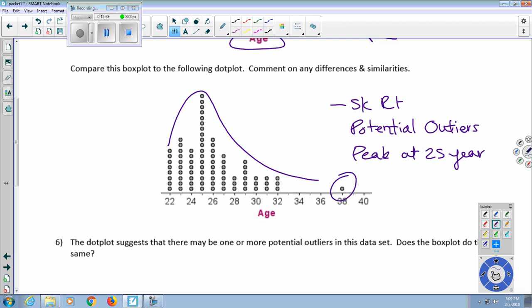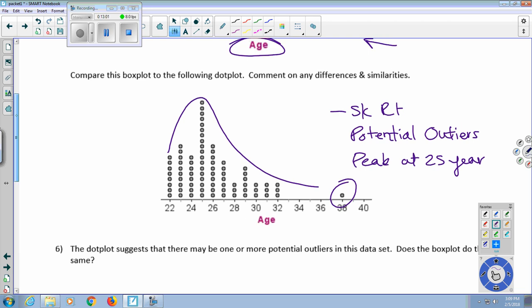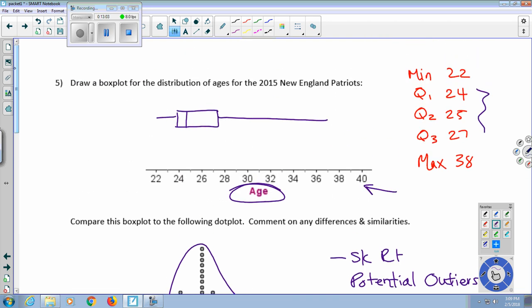Because of the box plot, we know that each of these sections is 25% of your data. So about 20 players' ages are here, and 20 players here, 20 here, and 20 here.